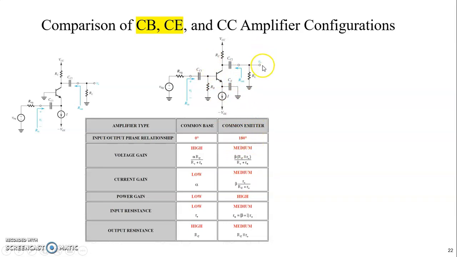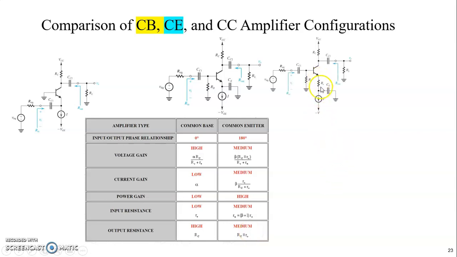Its voltage gain is medium, not very high, not very low. Its current gain is medium because both are medium. It means its power gain is high, right? Its input resistance is not very high, not very low, it's medium. Its output resistance also is not very low, which is what we usually demand, but medium.